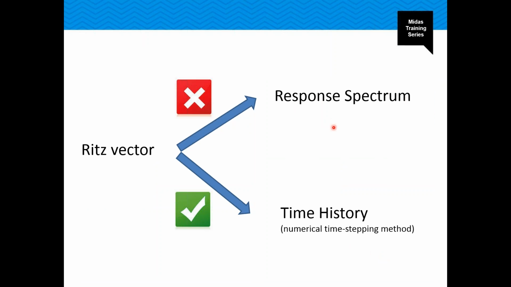It should be used for time history analysis, in which displacements of dynamic equations are obtained using numerical time stepping methods. However, if we include the full number of modes in the Ritz vector method, we can use response spectrum analysis because the approximate frequencies and mode shapes are almost the same as their exact values.